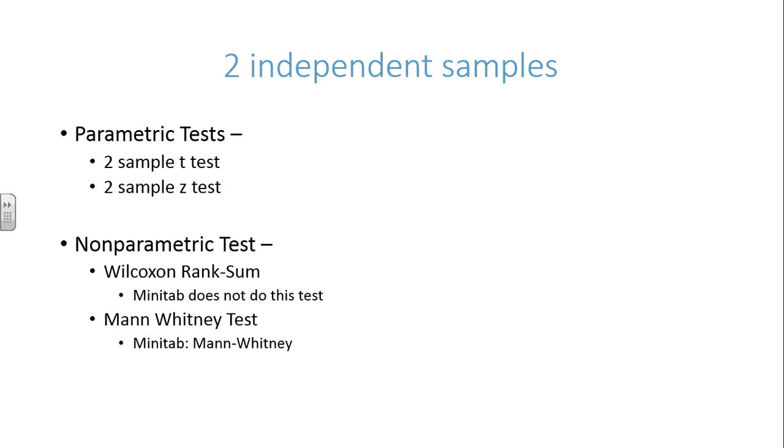We just dealt with a two-sample t-test. But the nonparametric version of this will be the Wilcoxon rank sum test. This test is covered in great detail in the lecture notes and in your Triola textbook. The Mann-Whitney test is equivalent to the Wilcoxon rank sum test, and Minitab does the Mann-Whitney test. So when we start doing Minitab, we won't be using the Wilcoxon rank sum test. We'll be doing the equivalent Mann-Whitney test.